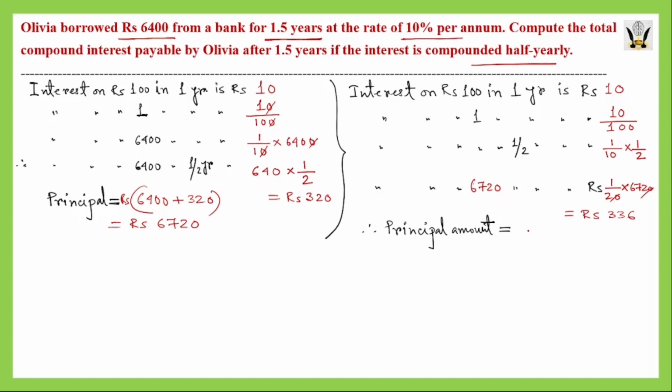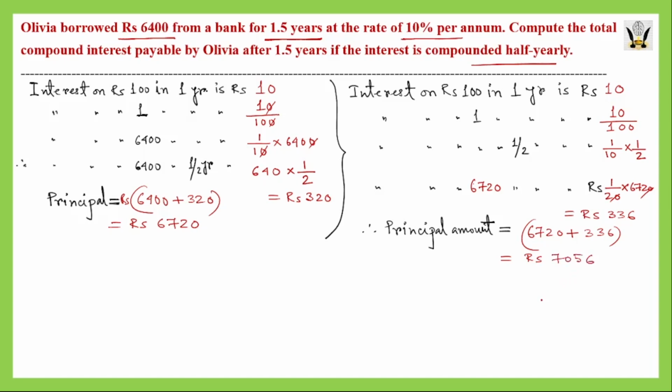Now again we have another 6 months for which Olivia needs to pay the interest. So then the revised principal amount will be initial. Now the principal amount is 6720, and with that the interest will be added. So the revised principal amount will be rupees 7056.